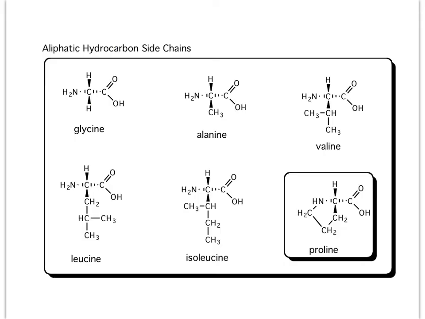Let's start with the amino acids that have aliphatic hydrocarbon side chains. So we have glycine. Its 3-letter abbreviation is Gly, and G, straightforward.